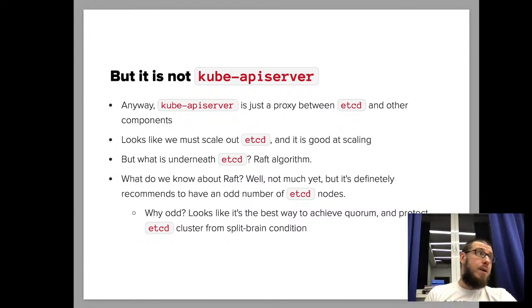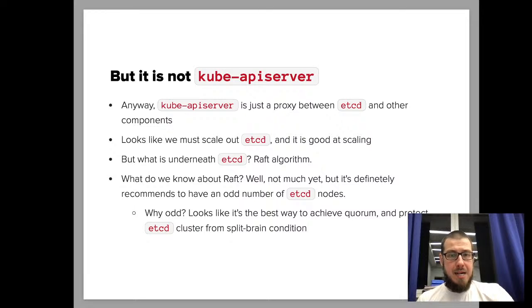When we look at the cluster in detail, we will understand that it's not about the Kube API server. The API server is just a proxy between etcd and other components. When we look at the scale, we should scale out etcd, and the good news is that it's good at scaling, so we can easily have multiple etcd nodes.